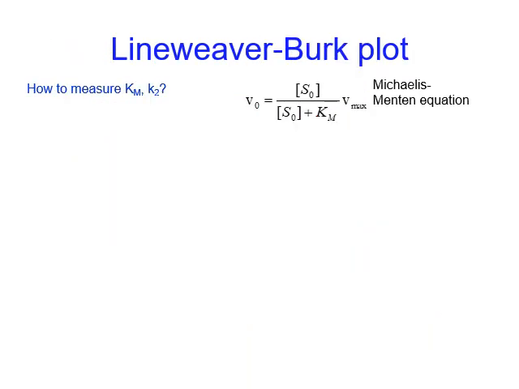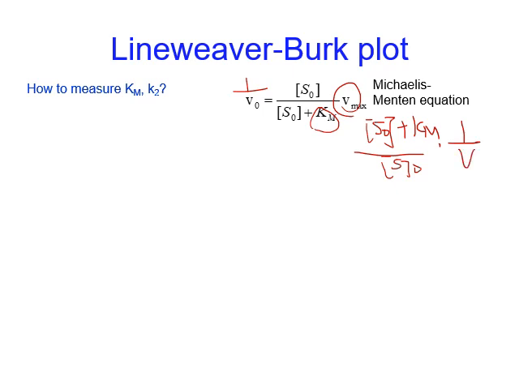In order to determine the Michaelis constant and the Vmx experimentally, we invert this Michaelis-Menten equation. So the left side becomes 1 over V0, and the right side becomes S0 plus Michaelis constant divided by S0 times 1 over Vmx. Okay, so S0 divided by S0 is 1.